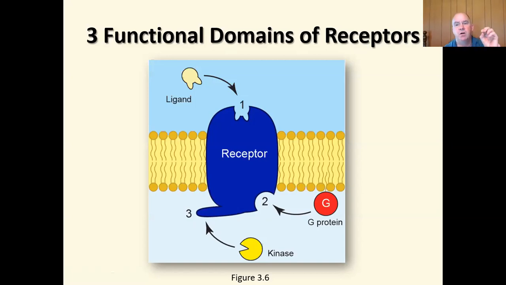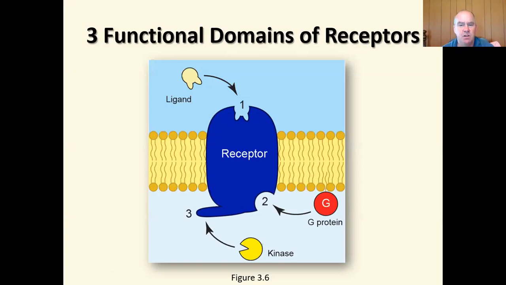So if you overstimulate a cell with that neurotransmitter, it will pull the receptors away from the membrane because it's now gotten used to that level of neurotransmitter, and it's not responding anymore. You have to go to higher levels of neurotransmitter to get a response. If you have constant stimulation, it pulls those receptors away. So it's responding to the change in concentration, not the actual presence of the ligand there.